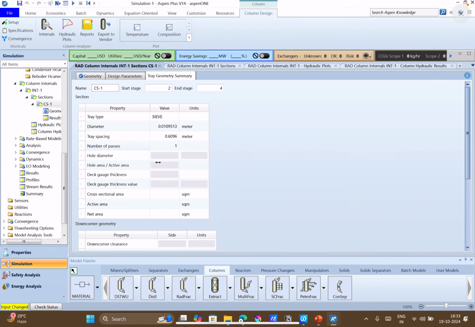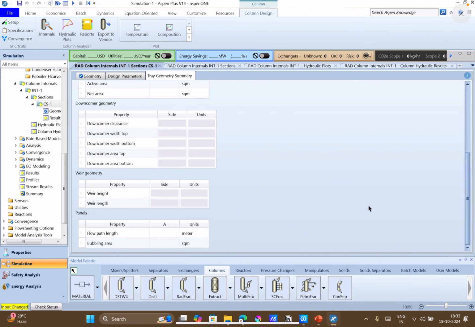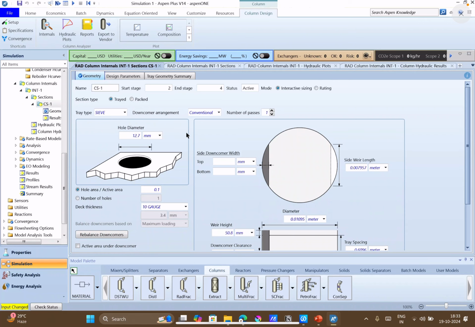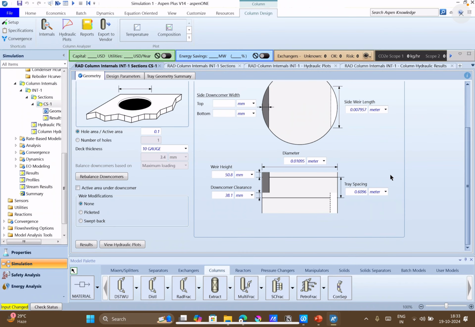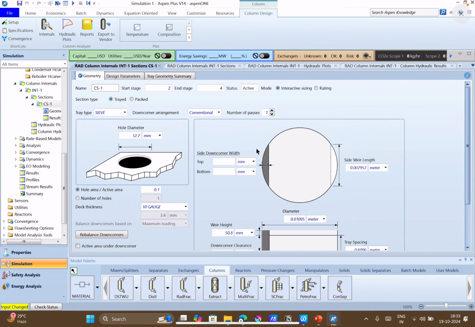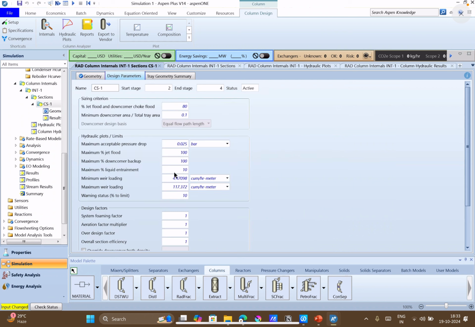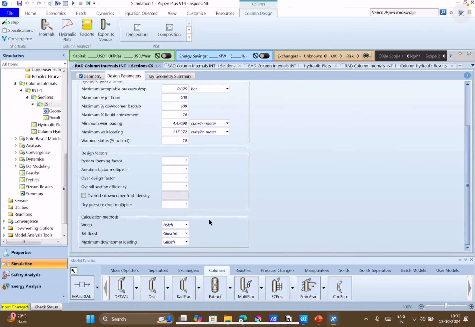Tray geometry. Yeah, so I think this is the flooding factor here, the system foaming factor. Why is it not showing?